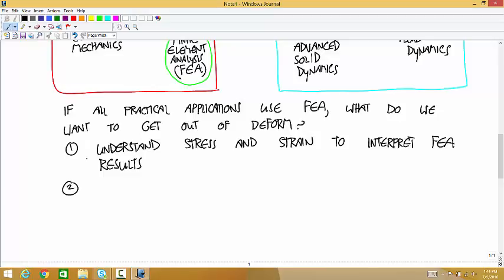We're going to learn ways that we can do simple problems that'll let us sanity check finite element answers, because computer approaches to mechanics of materials, if you don't define the problem right, can give you garbage pretty easily, and you need to be able to notice and know when an answer comes up that is wrong. So, sanity checking finite element analysis results.